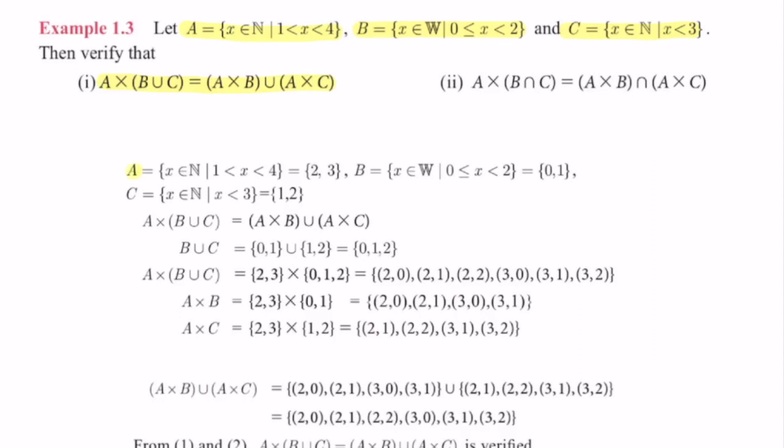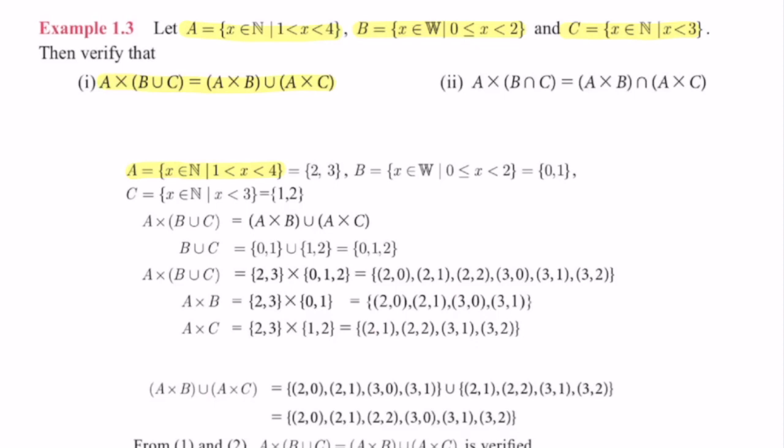A is equal to x belongs to N such that 1 is less than x less than 4. N stands for natural numbers. So, N is a set of all numbers starting from 1, 2, 3 and it goes on. X belongs to N indicates x must take values from 1, 2, 3, etc. So now the extra condition given to x is 1 is less than x.